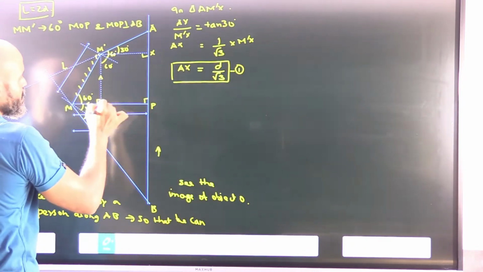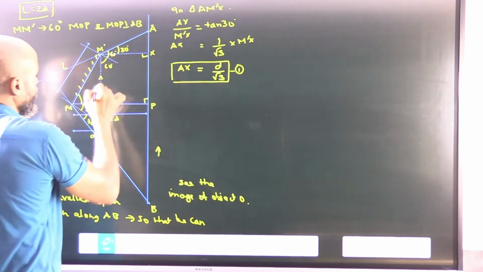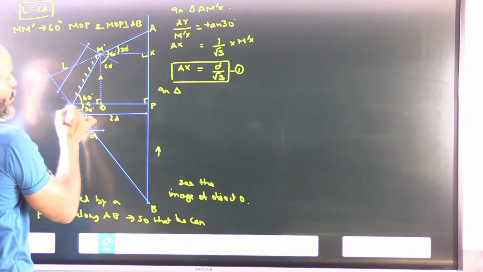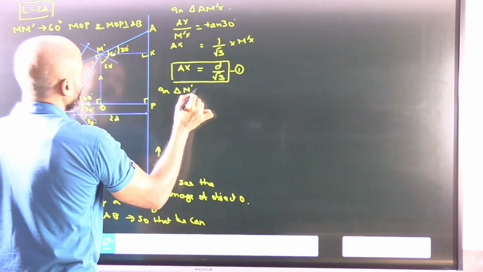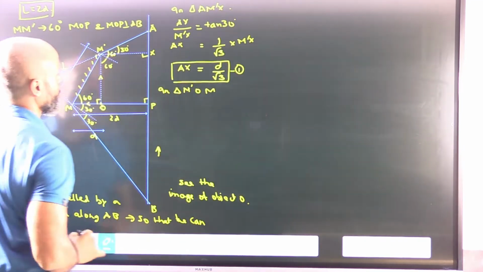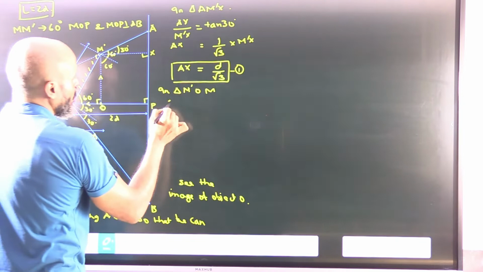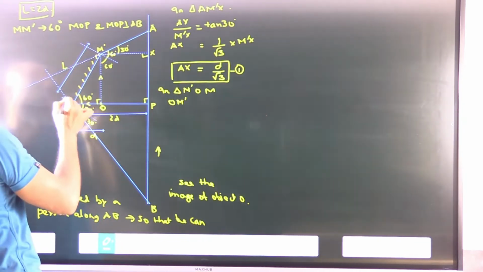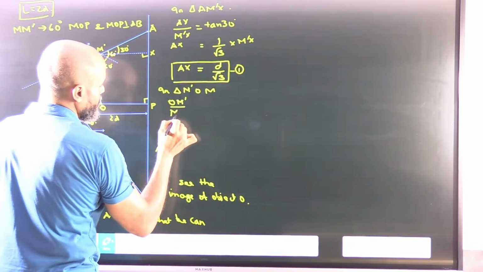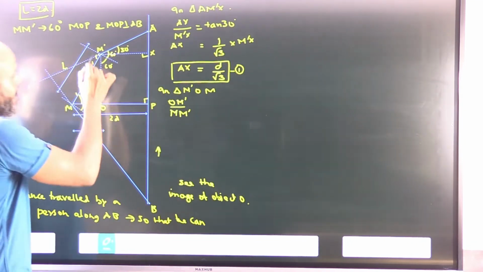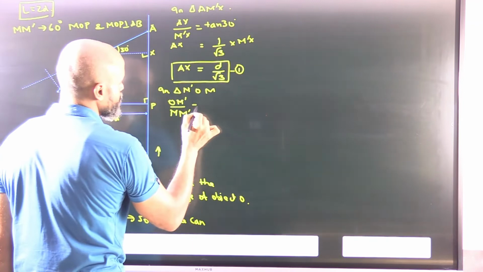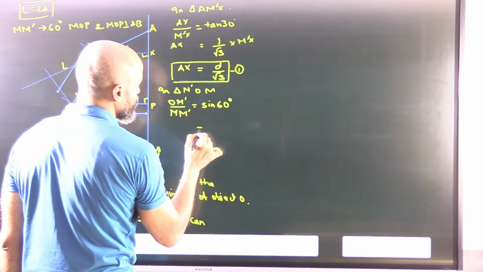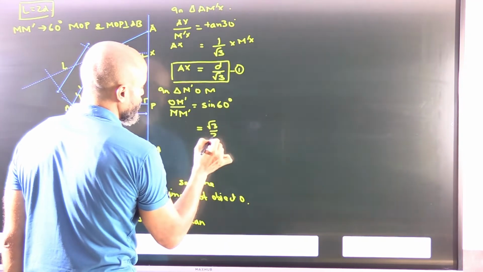How do we find out this value? So in triangle M dash O M, sine of the angle is OM dash by M dash. This is going to be sine 60, which gives you a value of under root 3 by 2.